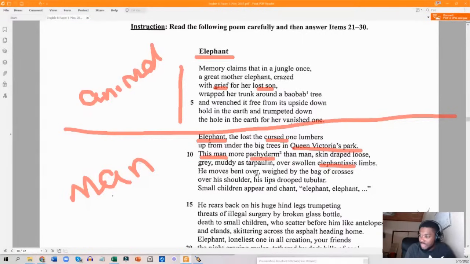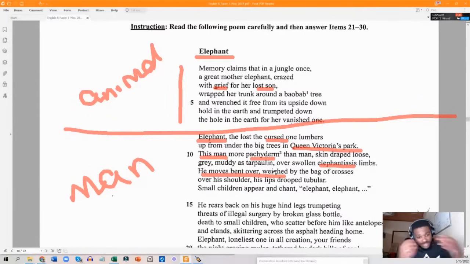He moves bent over, weighted. So we see that he is making heavy, sluggish movements because of how diseased he is. But what is he weighted by? He's weighted by the bag of crosses over his shoulder. So this is a metaphor because obviously he doesn't have a literal bag of crosses.